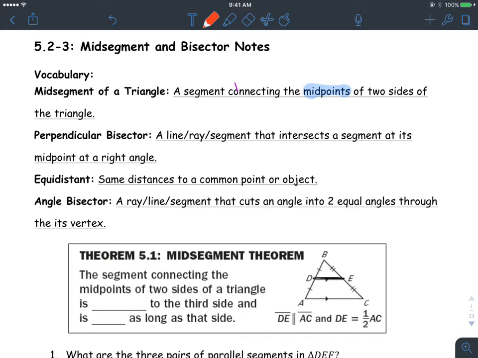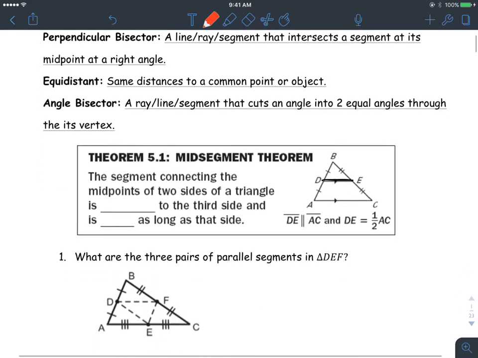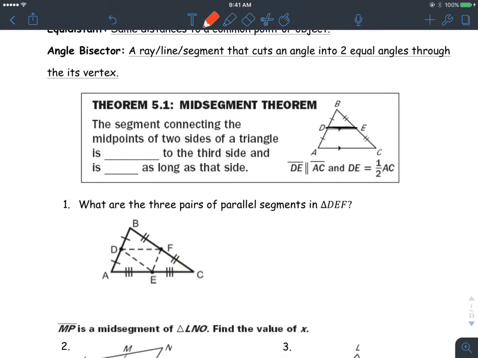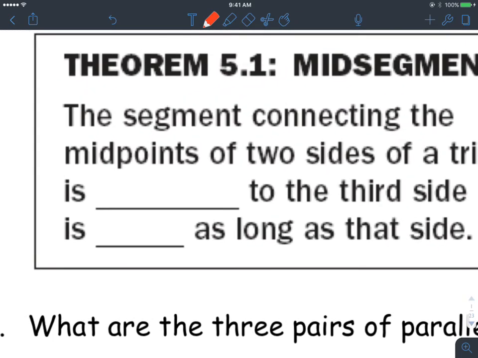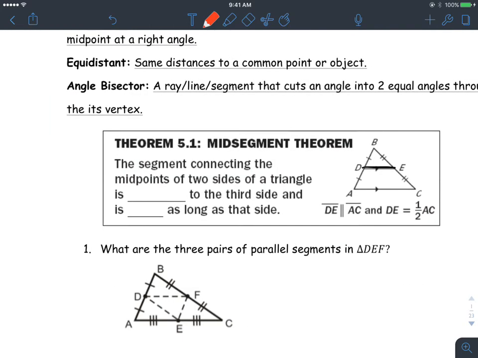Alright, and then we're also going to use this word a little bit, equidistant, same distances to a common point or object. So anyways, here's the mid-segment theorem. The segment containing the midpoints of two sides of a triangle is, I'm sorry, it's not equidistant, it's blank to the third side.